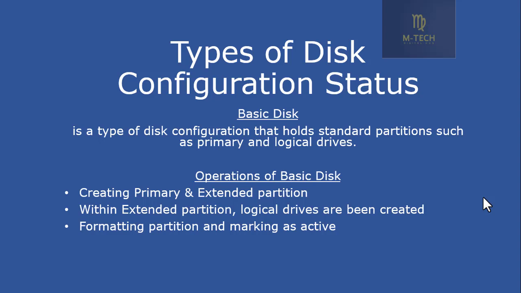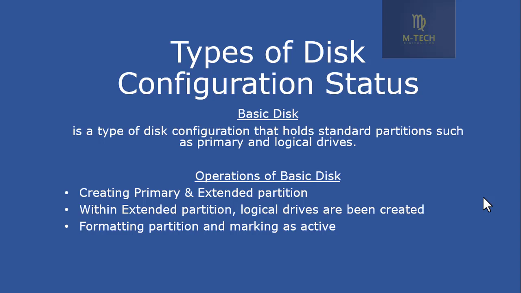Okay, so basic disk is a type of disk configuration that holds standard partitions such as primary and logical drives. So when your hard disk is inside the system, as I said, it can either be basic disk or dynamic disk. Relax, sit tight.